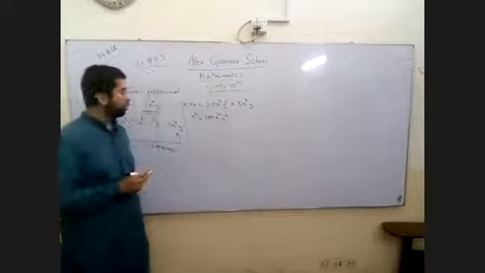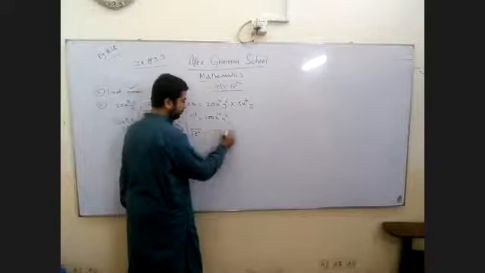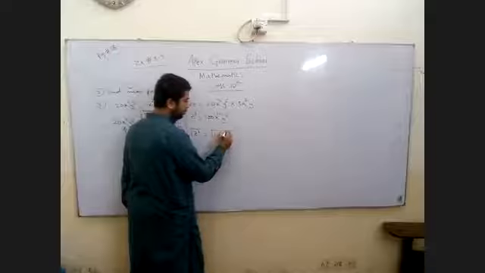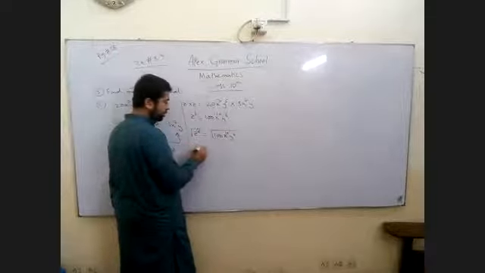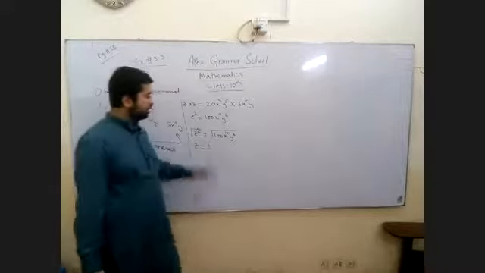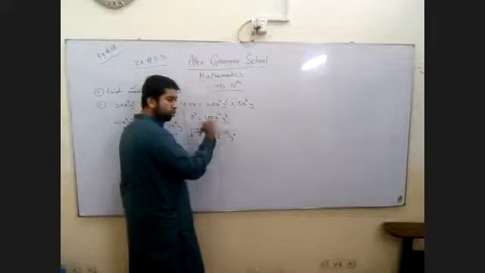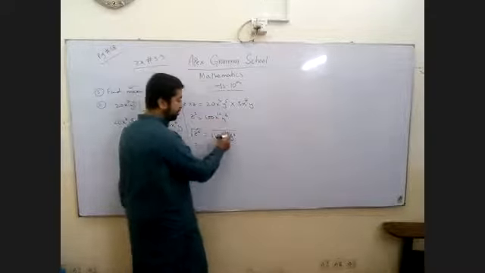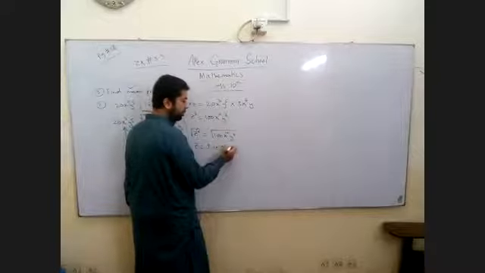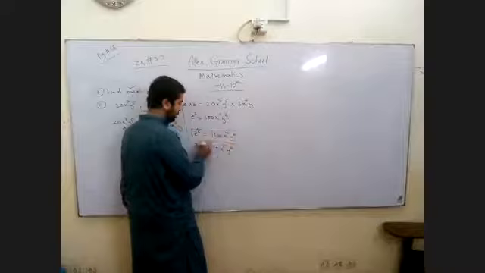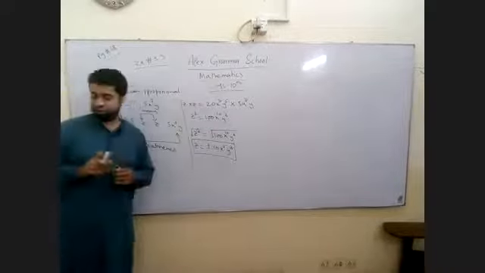Now apply square root on it. The square cancels with the square root, plus or minus. The square root of 100 is 10. The square root of x to the power 10 is x to the power 5, and the square root of y to the power 6 is y cubed. These are the mean proportion.